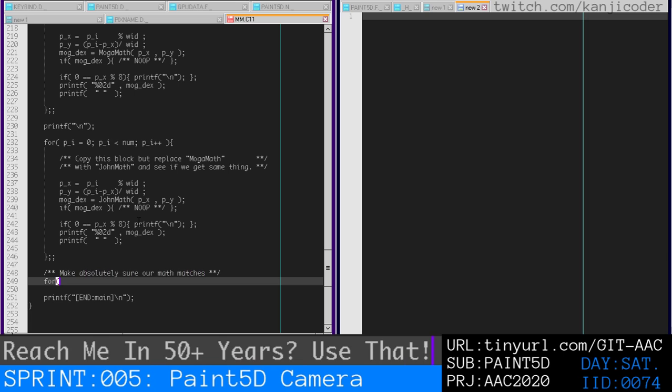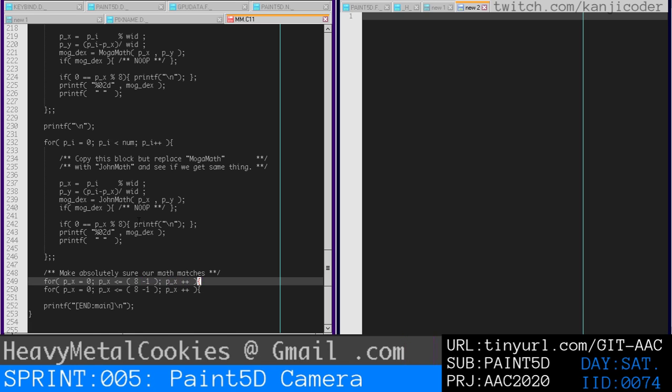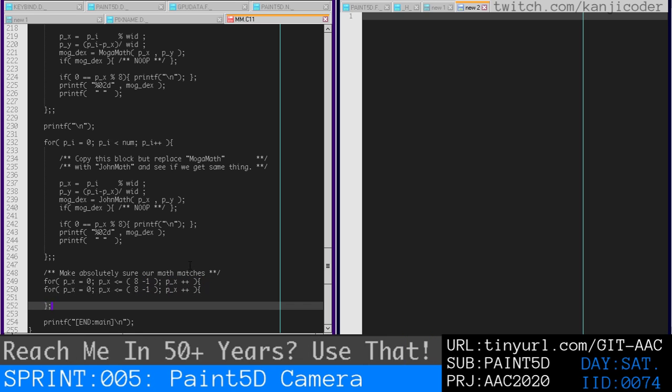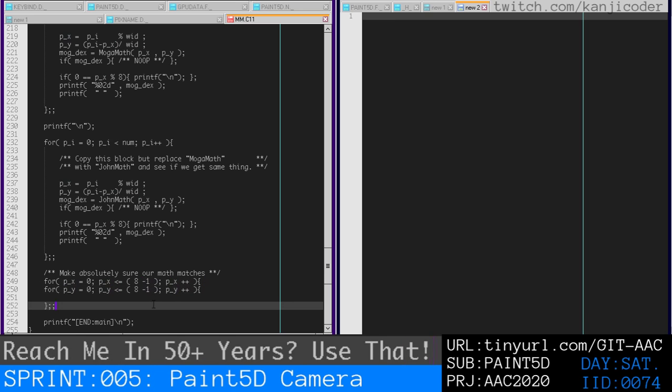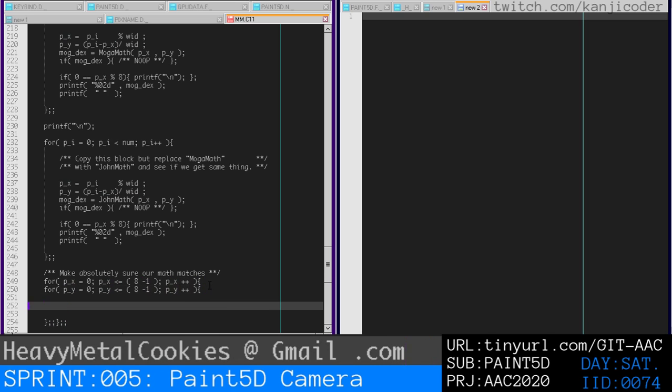Let's say, for px equals 0, px is less than or equal to 8 minus 1, px plus plus. Same thing for y. And we will assert Moga Math px py equals John Math px and py.